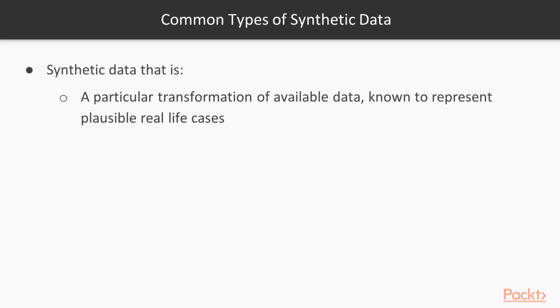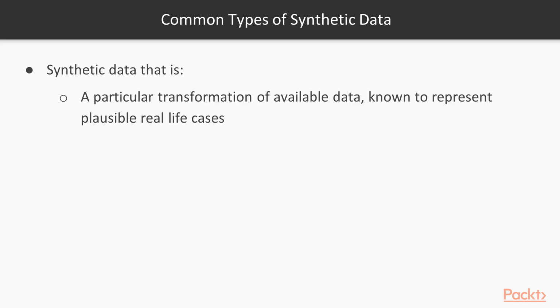A particularly usual case of this is with image analysis, where, for example, you can rotate the image or you can change the color and shading a little bit, because if you have a handwritten digit that's a 6, you can also obviously expect to see this digit slightly rotated or slightly moved off center, and so forth.